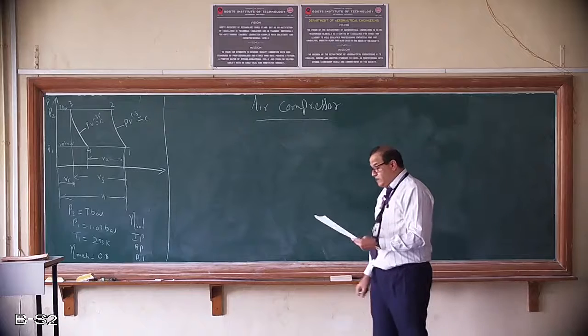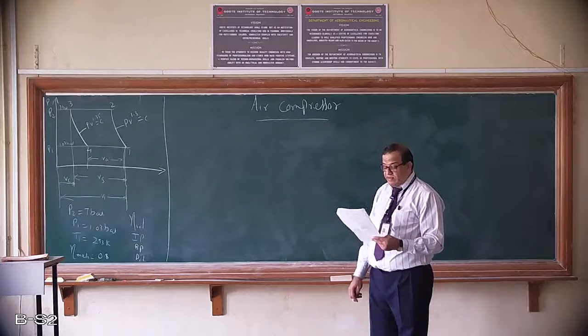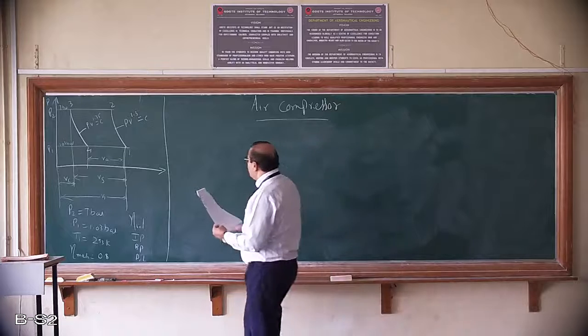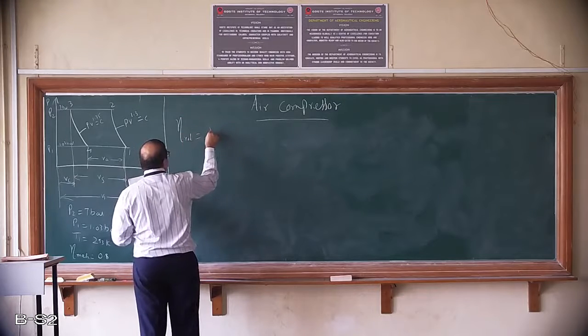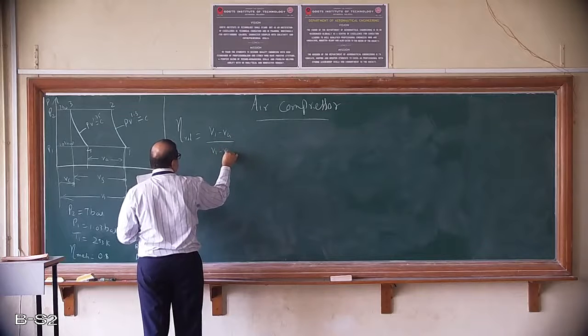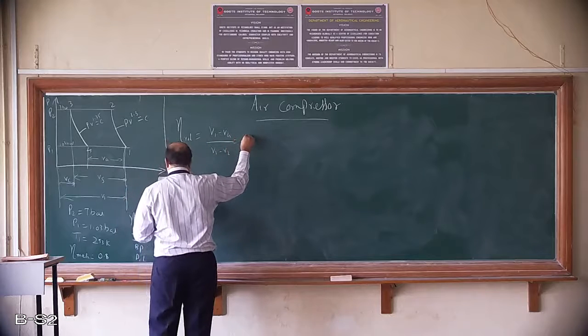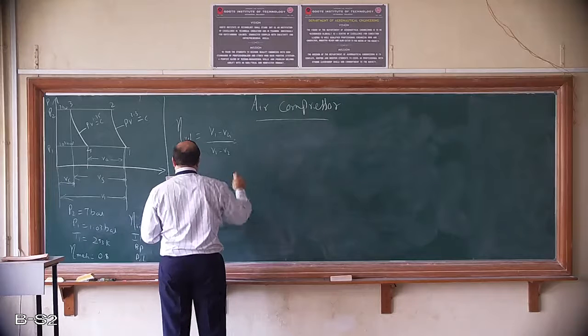Now, what is volumetric efficiency? VA by VS. That is, volumetric efficiency is V1 minus V4 by V1 minus V3, which is nothing but here given. Okay.